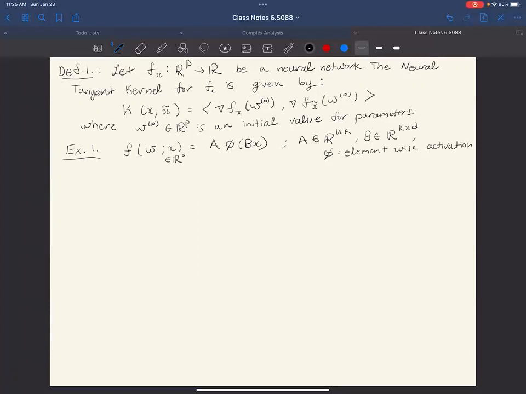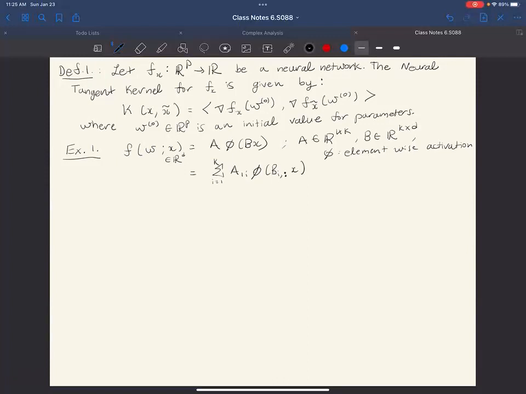And now I'm actually just going to simplify this a bit further. I'm going to write it as the sum i equals 1 to k of a1i phi of bi colon x. And why is this the case?